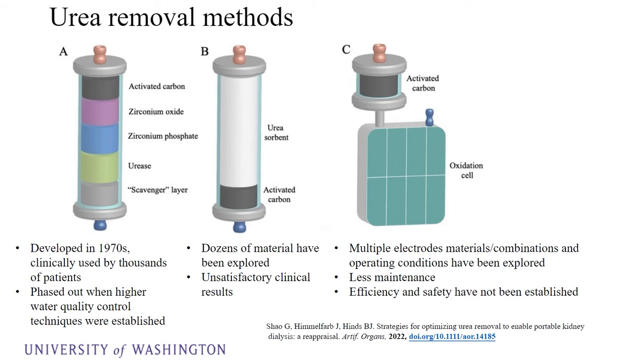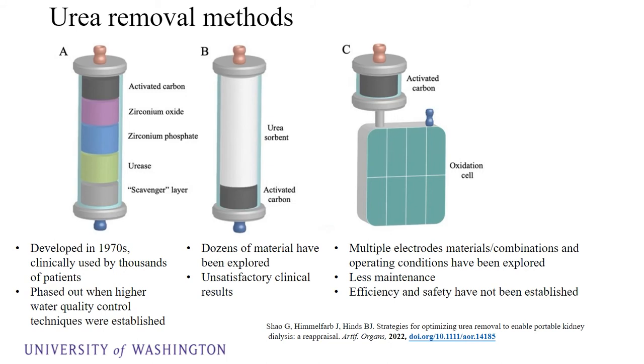It also requires a following zirconium oxide ion exchange layer, which removes the excessive anions. But this REDY system was gradually phased out when higher water quality control techniques were established in the 1990s.